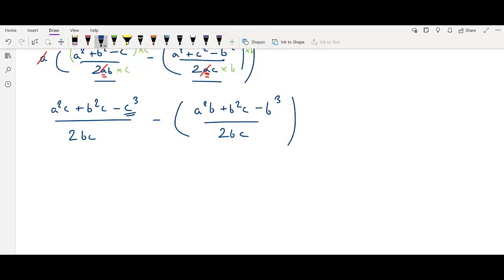So the denominators are common. We can perform some addition. I get, let me make sure that equal to sign is present. I get a square c plus b square c minus c cube, and opening this bracket I get this positive a square b converts to negative a square b, this positive b square c converts to negative b square c, and the negative b cube converts to positive b cube.